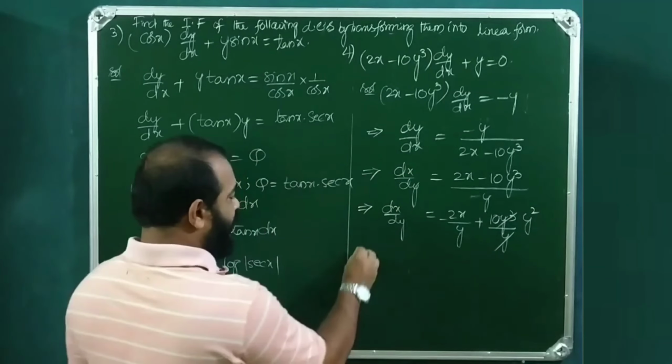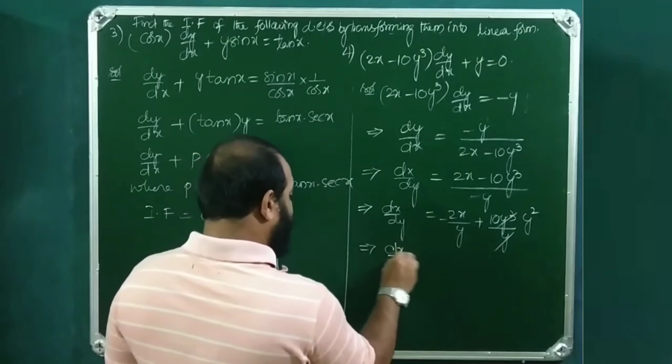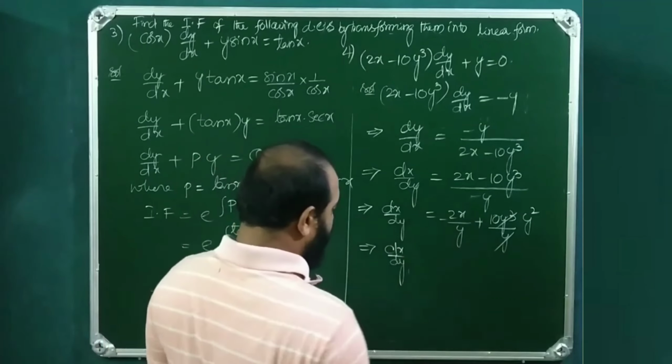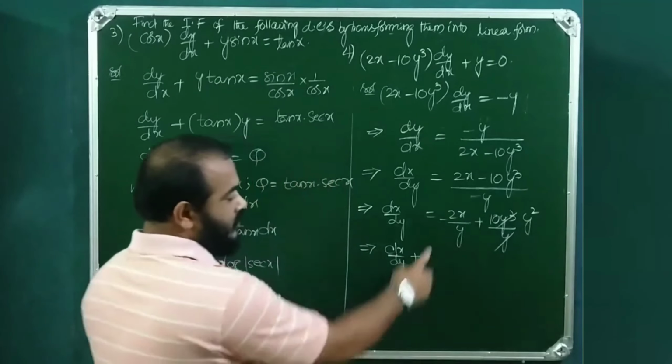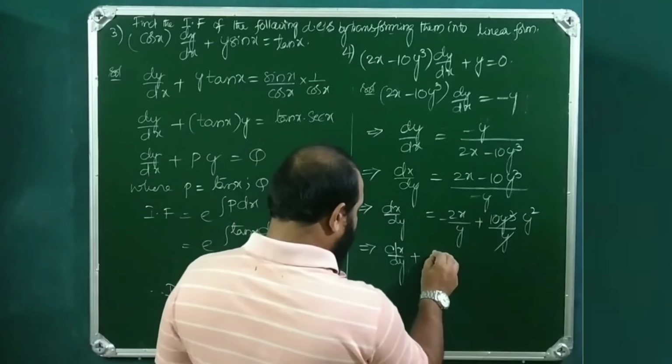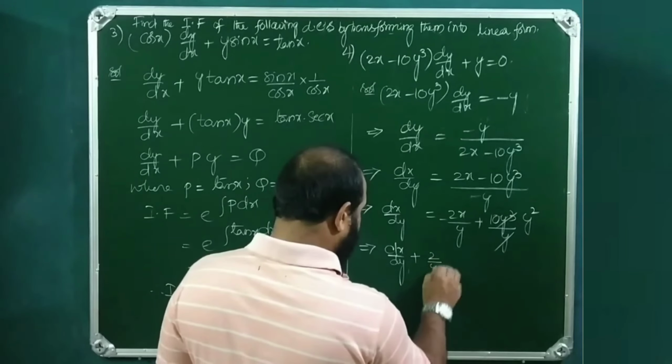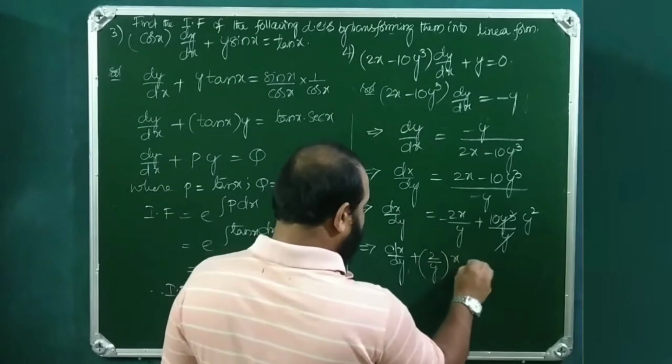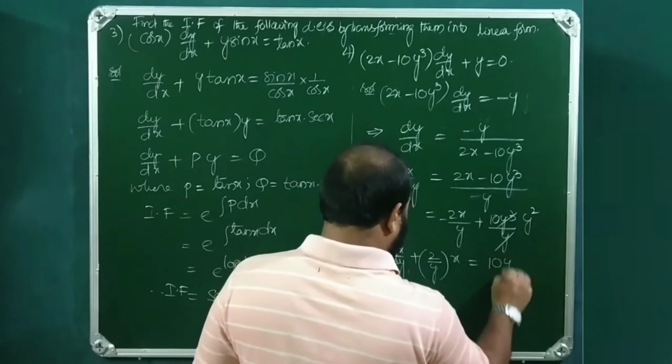So dx by dy plus 2x by y, so this is 2 by y into x, is equal to 10 y square.